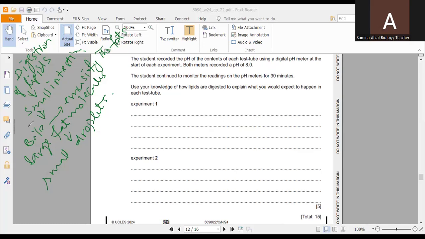The enzyme lipase is used for the digestion of triglycerides into glycerol plus fatty acids.